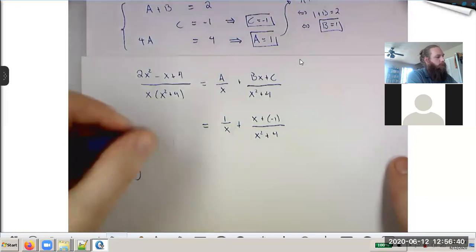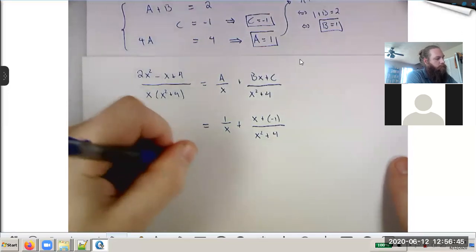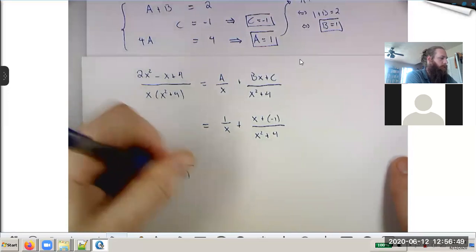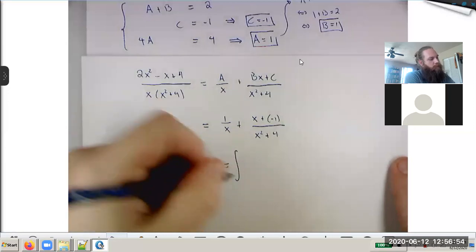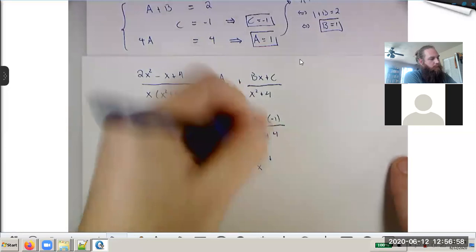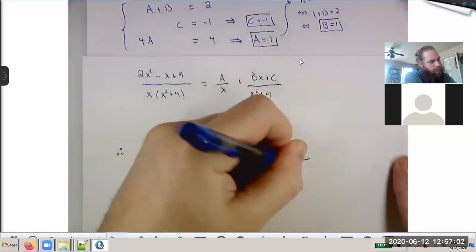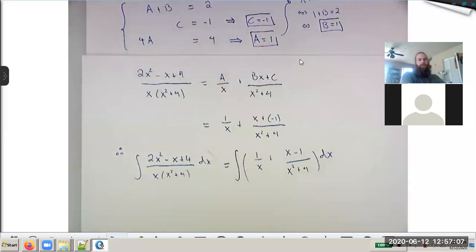Therefore, the integral of 2x squared minus x plus 4 over x times x squared plus 4 dx is equal to the integral of this. And I'm going to split up the integral.